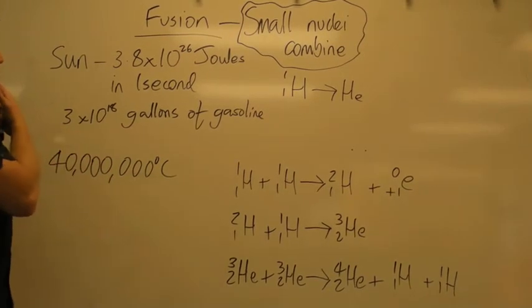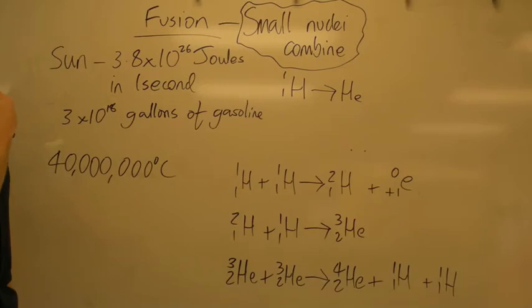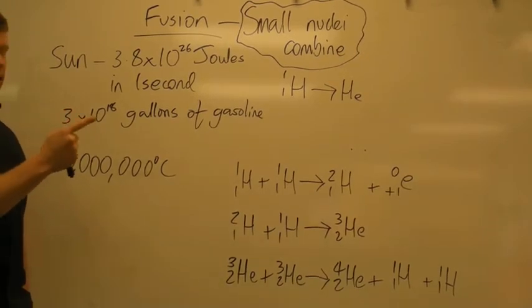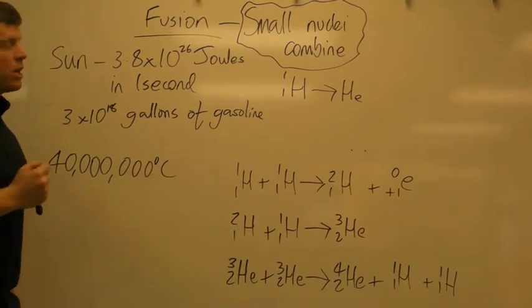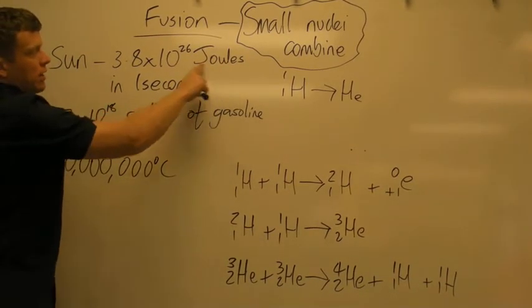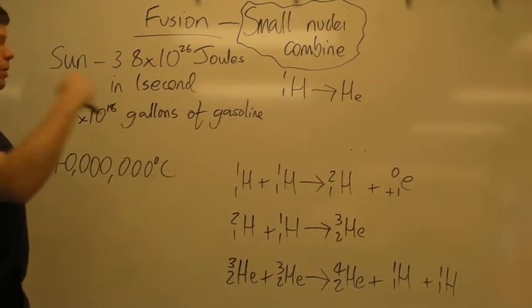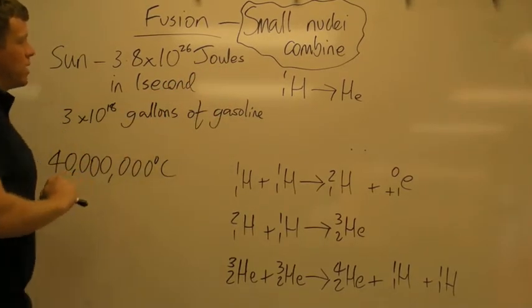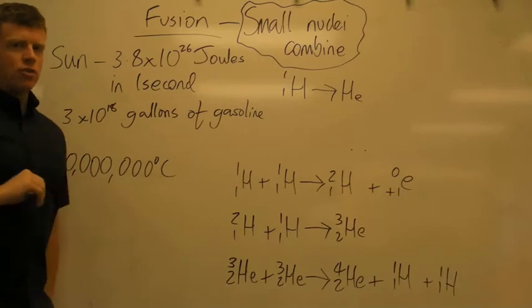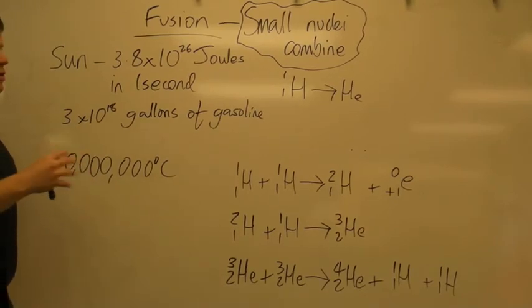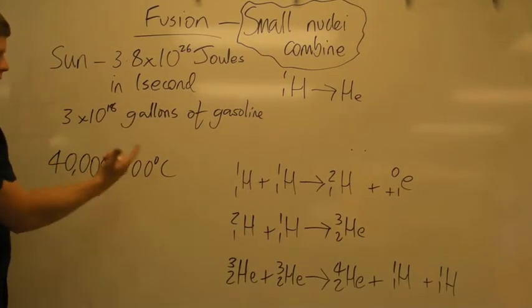In the sun, the amount of energy that's produced in 1 second is 3.8 times 10 to the power of 26 joules. Joules is an energy unit that we haven't really talked about in class, but that's what we use. So in 1 second you get a huge amount of energy produced. Compare that to something that we use, like a gallon of gasoline.